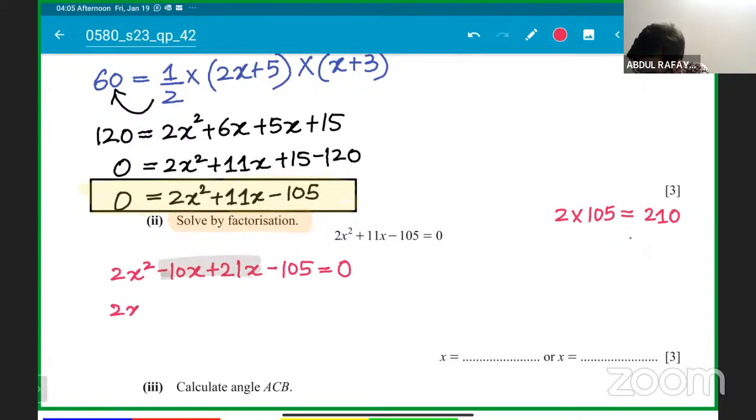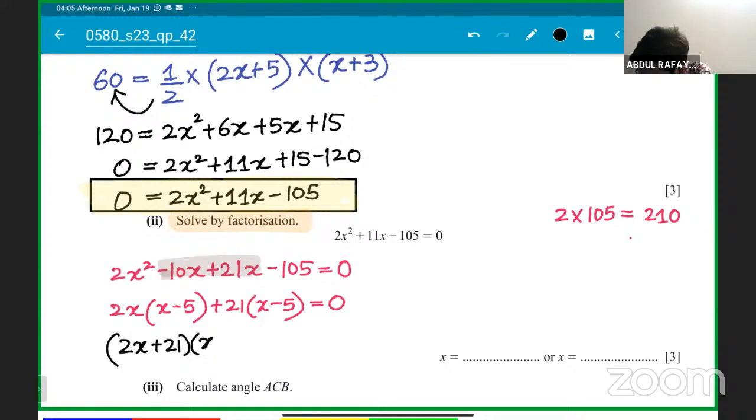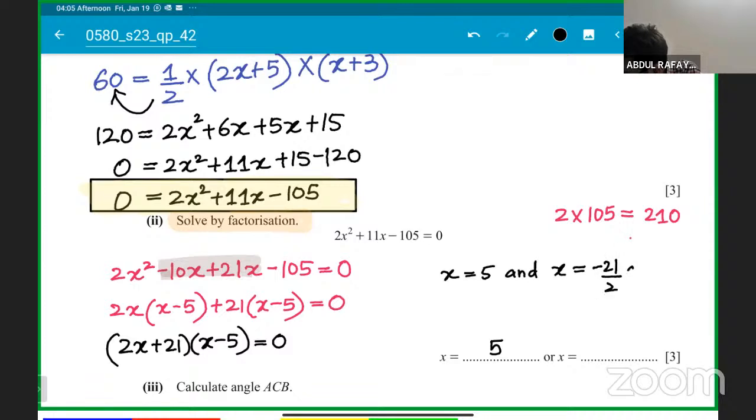So it will be 2x common, x minus 5, plus 21 common, x minus 5, equals 0. So 2x plus 21 times x minus 5 equals 0. We will be getting x equals 5 and x equals negative 21 over 2, which is negative 10.5. Everyone getting it, clear?